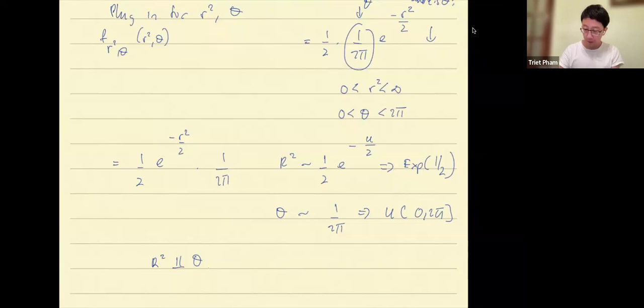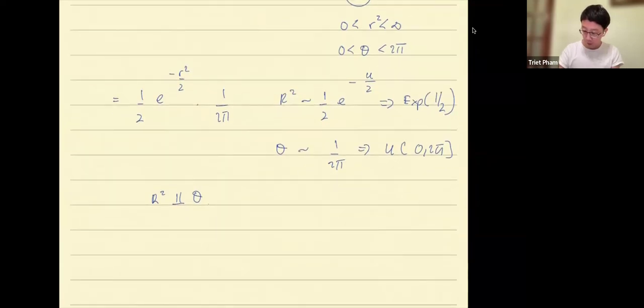So to recap, if you want to sample a pair of independent normals on the xy coordinates, then what you can also do is to sample a radius as exponential 1/2. I mean, radius squared.